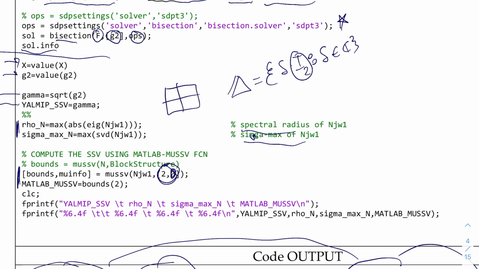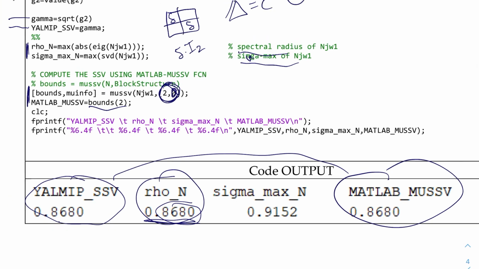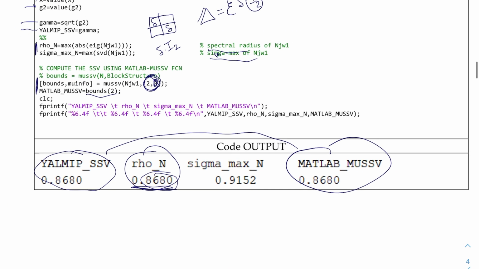Okay, so that way Matlab knows it is a 2 by 2, repeating diagonal case. When you type 2 comma 0, Matlab knows that this is delta times identity, 2 by 2. Okay, Matlab gets that idea. And again we focus on the upper bound and we print them on the screen, and we can see that they are the same, and that equals the spectral radius.